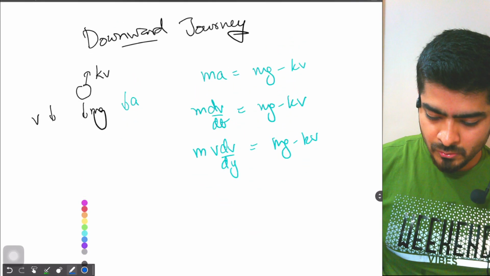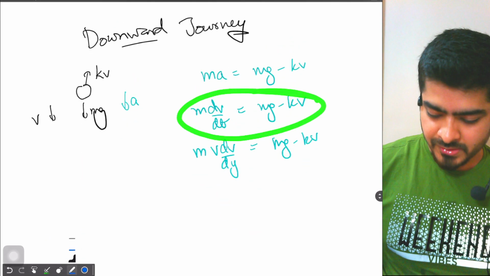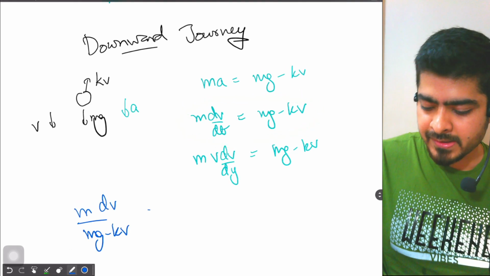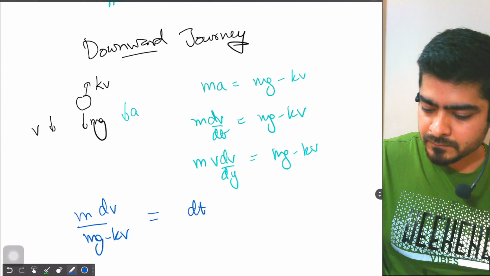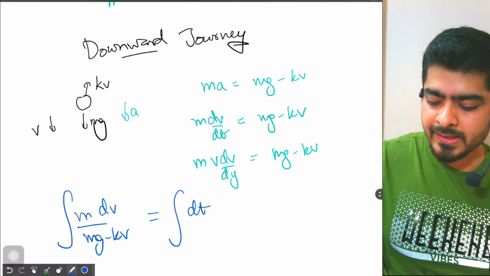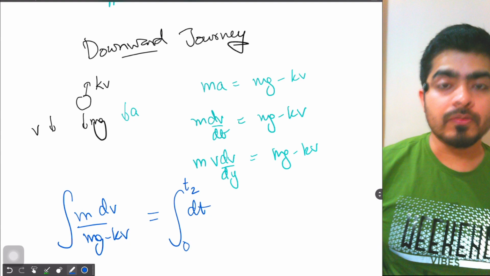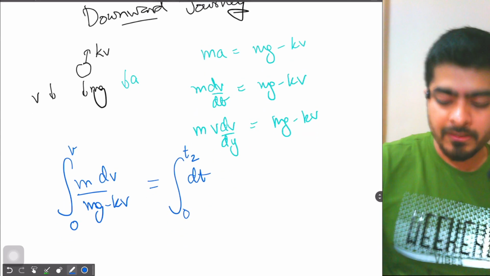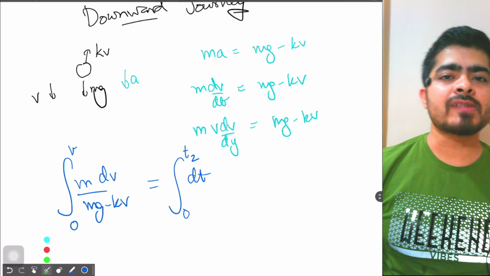Okay, so first of all we do the integration for this term. m dv by (mg minus kv) should be equal to dt. We integrate, limits are 0 to t2 now, and the integration of velocity will have limits 0 to the final velocity v downwards, that is 10 meter per second.